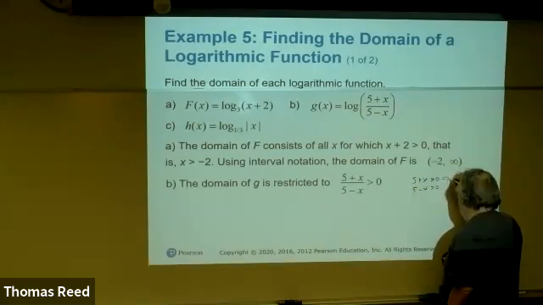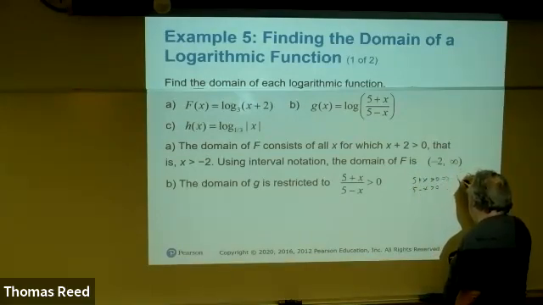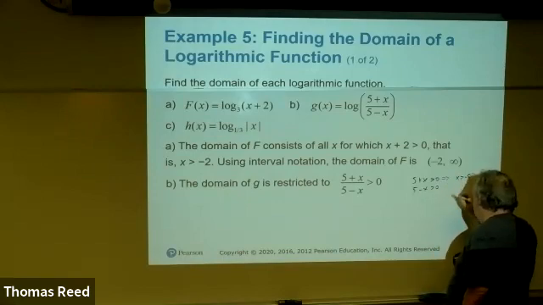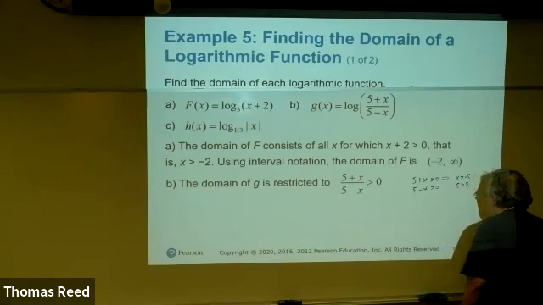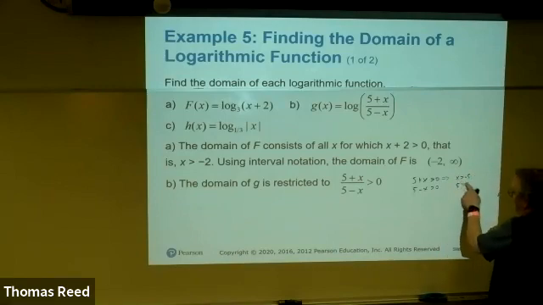So in the first case, you get x is greater than -5. And in the second case, you get 5 is greater than x.